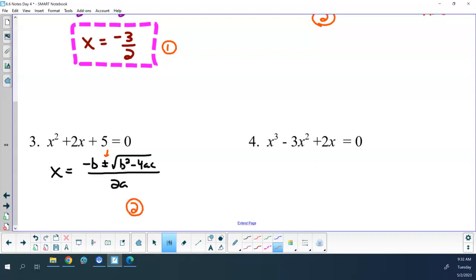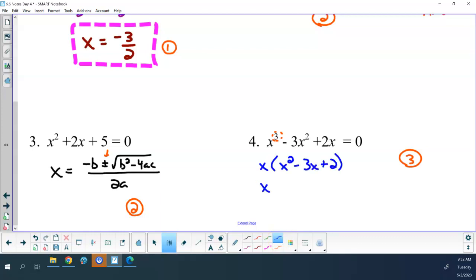Okay? Over here in number 4, how many answers am I supposed to get? I need to get 3 answers because 3 is my biggest power. This one is factorable, so we'll quickly do that one. X squared minus 3x plus 2.